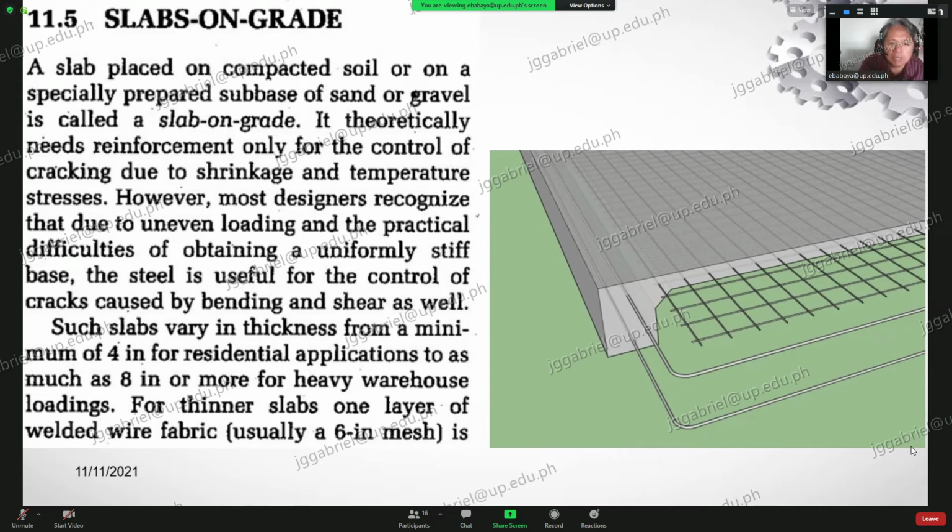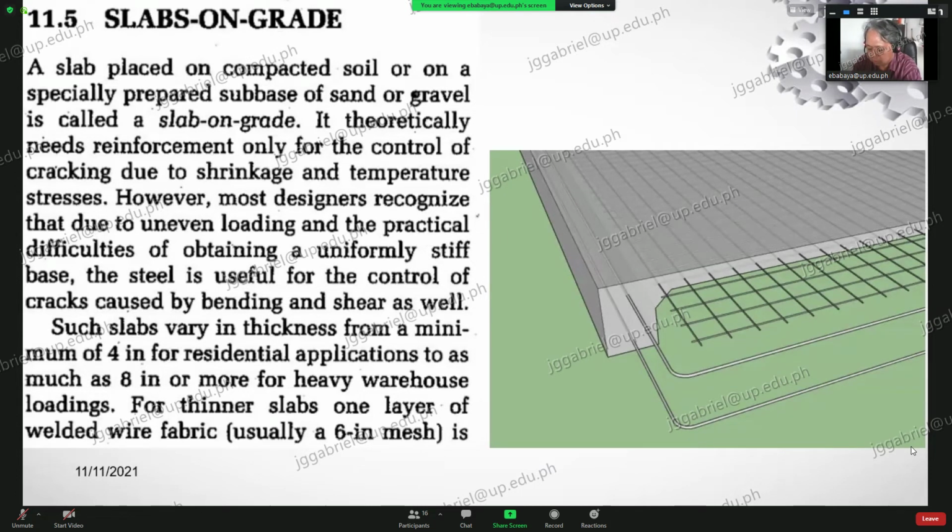Such slabs vary in thickness from a minimum of 4 inches for residential application, so to as much as 8 inches for heavy warehouse loadings. Ilang millimeter yung 8 inches? Ilan yan?